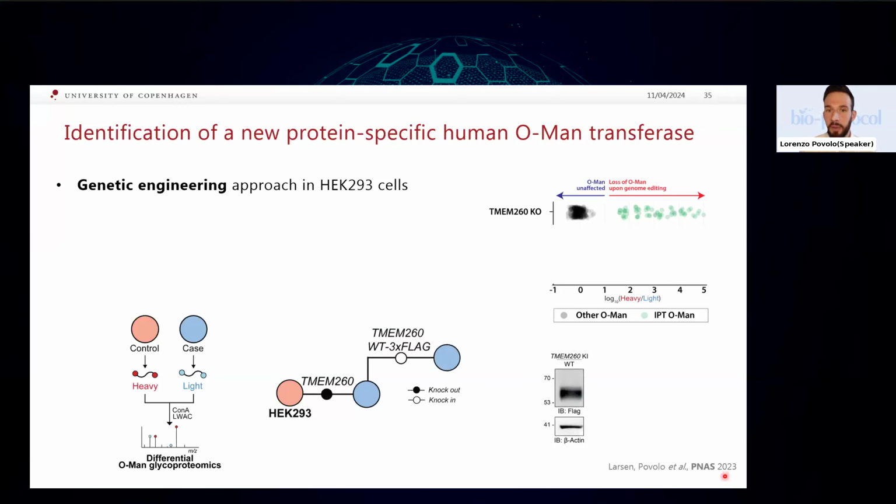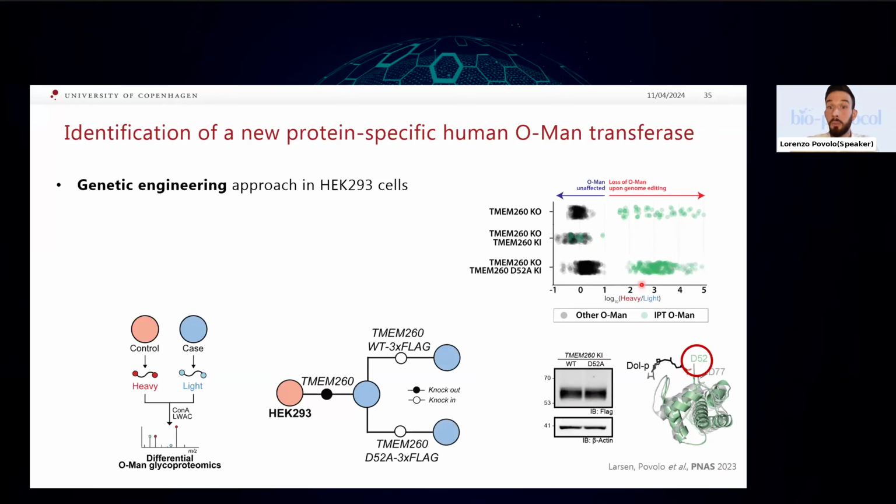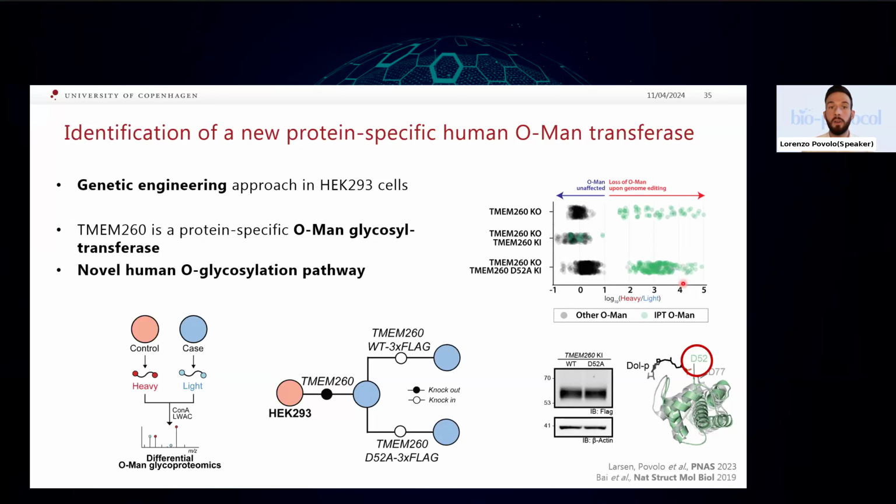I then did a confirmation by knocking in TMEM260 again, which correctly expressed, as shown by this Western blot, and completely rescued the glycosylation effect that we saw. And finally, I knocked in a catalytically inactive version of TMEM260, which expressed correctly, but was completely unable to perform glycosylation, suggesting that TMEM260 was a protein-specific O-man glycosylation transferase that constituted a novel O-man glycosylation pathway.